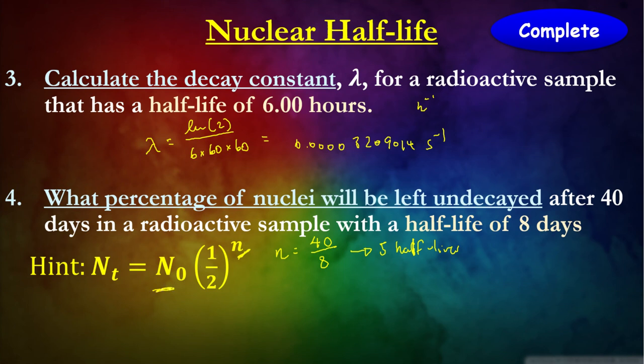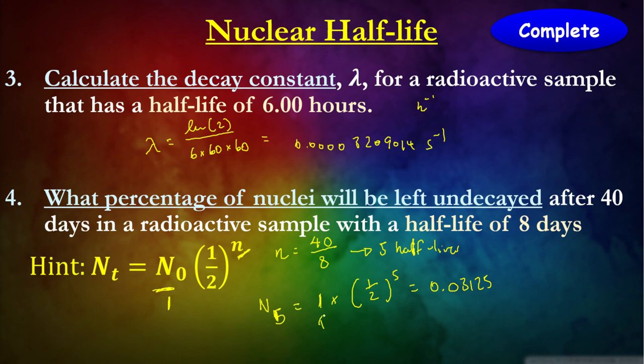We can say that the original quantity we had was 1 to represent 100%. So N after 5 half-lives is equal to 1 times 1/2 to the power of 5. So the final answer we get is about 0.03125.